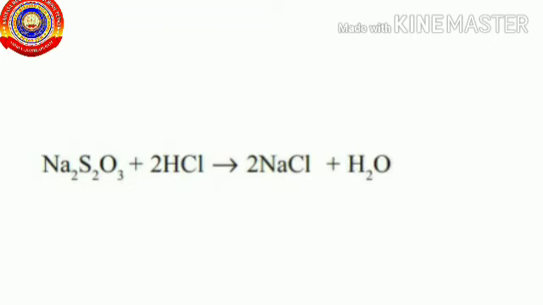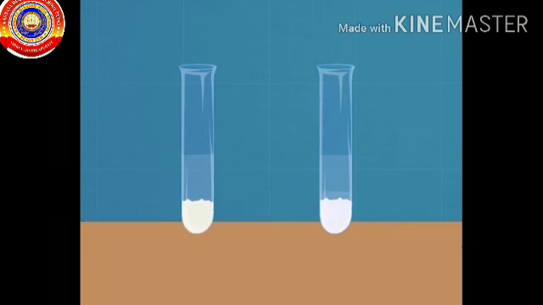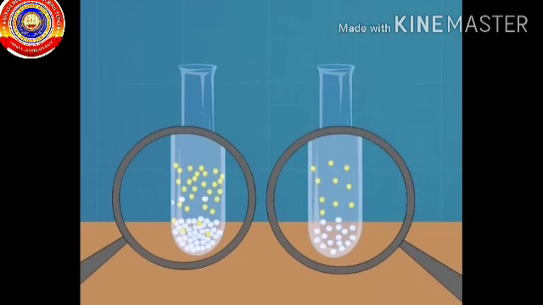Na2S2O3 sodium thiosulfate plus 2HCl hydrochloric acid gives 2NaCl sodium chloride plus H2O water plus SO2 sulfur dioxide plus S sulfur. From this experiment, you may understand that the factor that influences the above reaction is temperature.